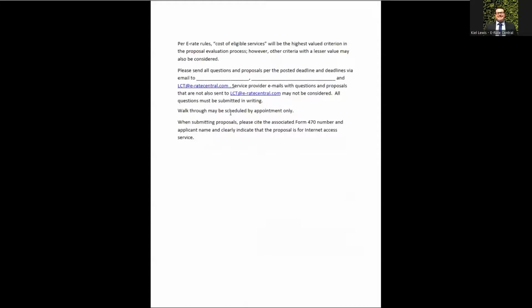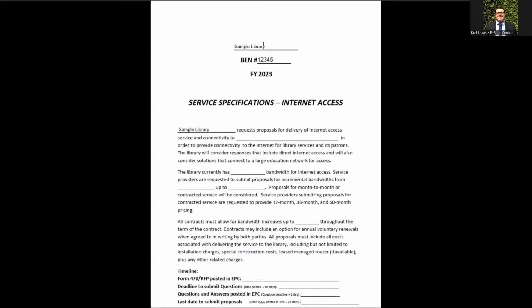You'll notice that the sample library name also populated down here in the template and goes on to say that sample library requests proposals for delivery of internet access and service and connectivity to the street address of the library that requires the service.